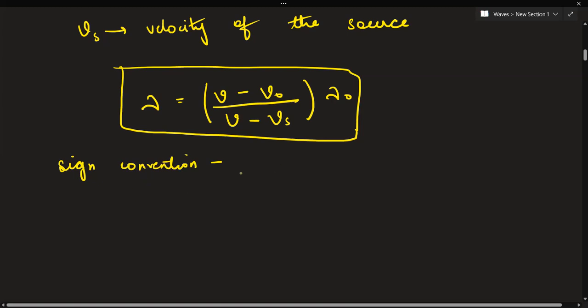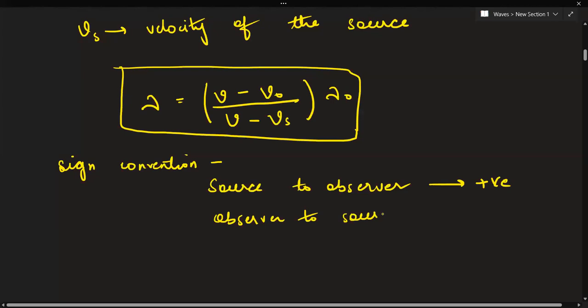For the sign convention, you should remember that the direction from source to the observer is taken as positive, and from the observer to source is taken as negative. This is the sign convention.